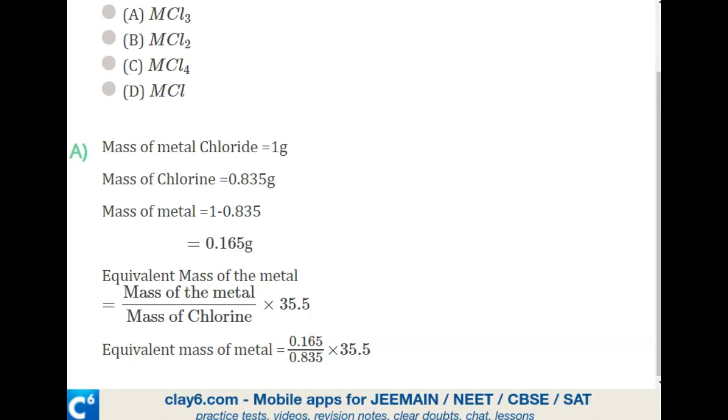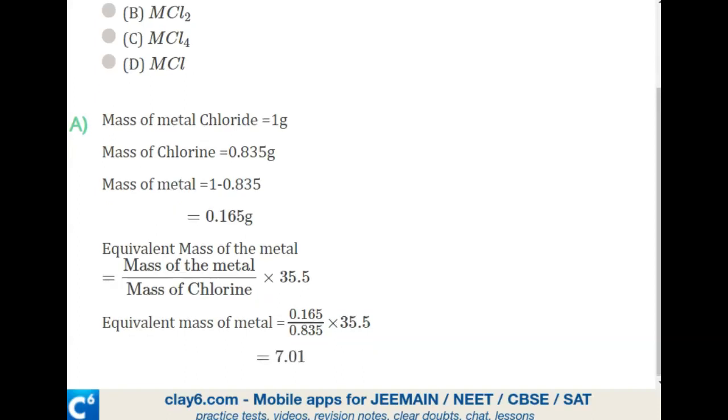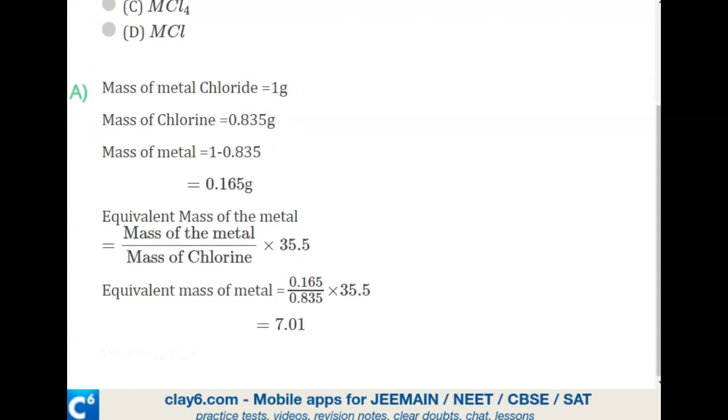Mass of the metal is 0.165, which we have calculated by subtracting, and mass of chlorine is 0.835, into 35.5, which is equal to 7.01.